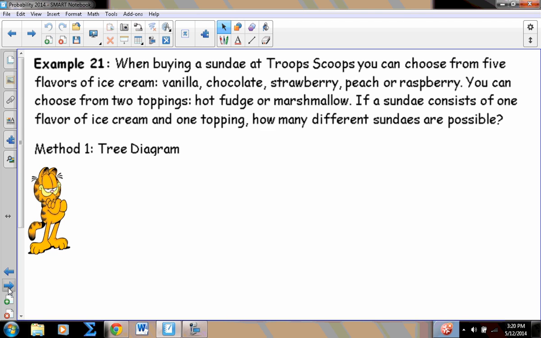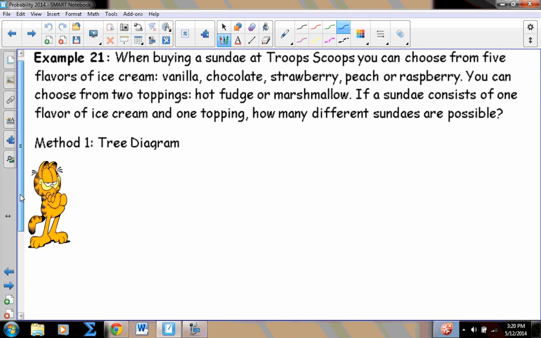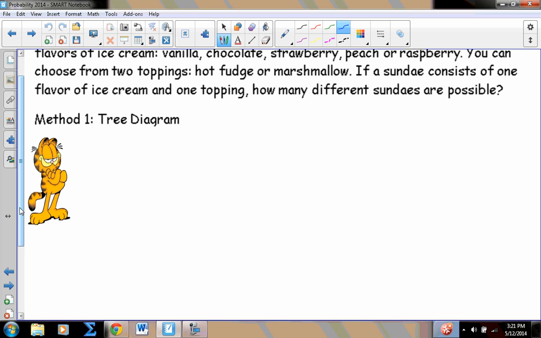For our first example, we're going to Troop Scoops, or at least we can wish we were. And we're getting a sundae. We have 5 flavors of ice cream to pick from, and we have 2 toppings, okay? In a tree diagram, you're going to start with a dot. And that dot symbolizes your first choice.